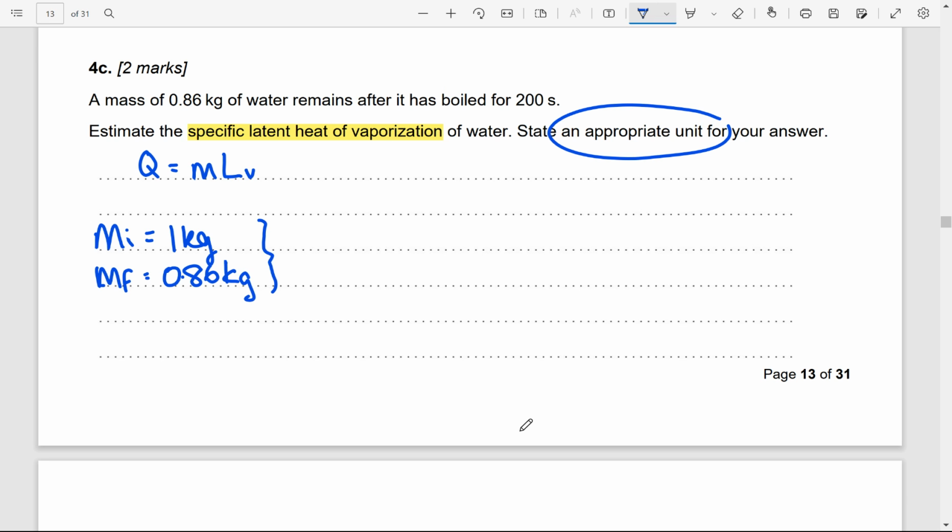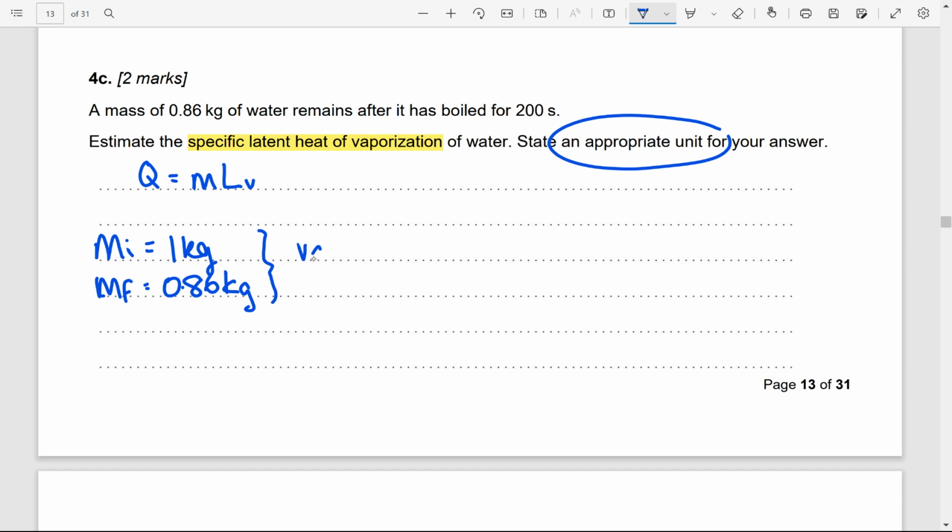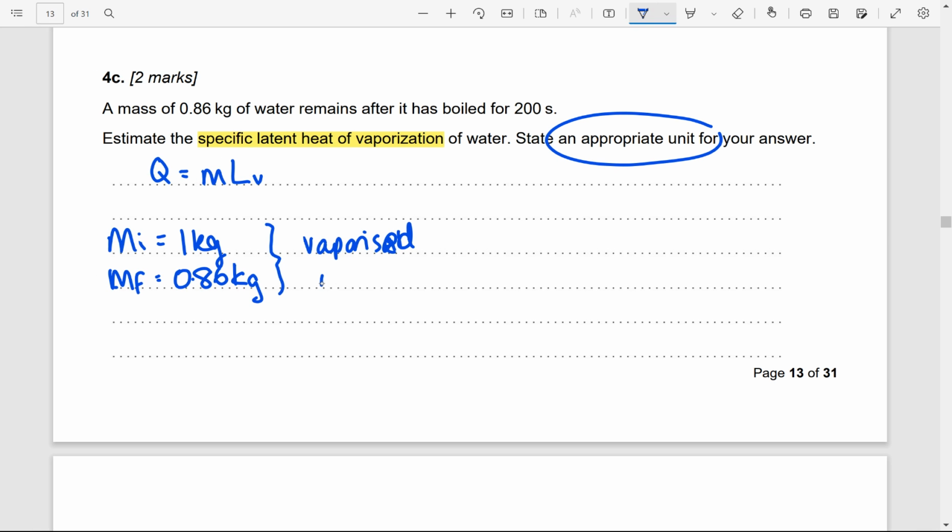Right, so we can work out how much mass has vaporized. So the vaporized mass, in other words, the energy that has gone into vaporizing the mass, has caused 1 minus 0.86 kilograms, 0.14 kilograms, to change phase.